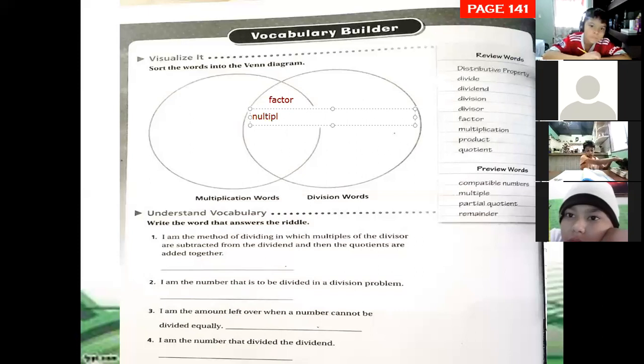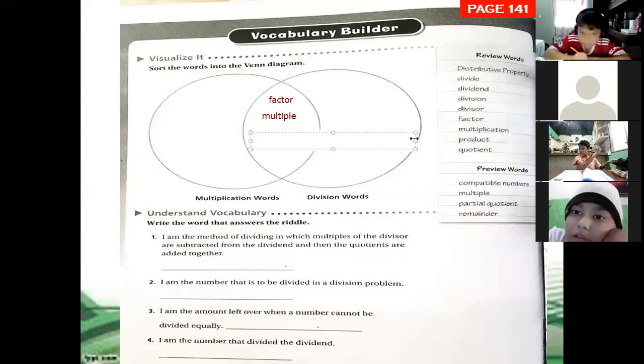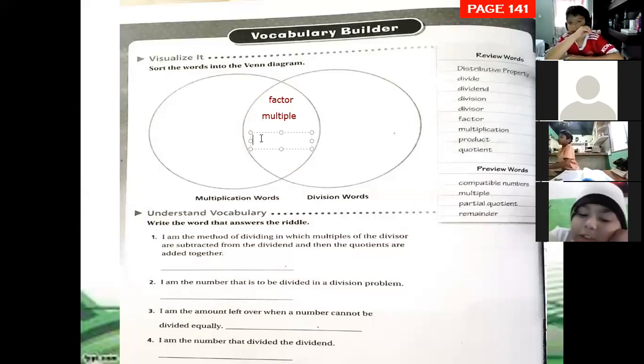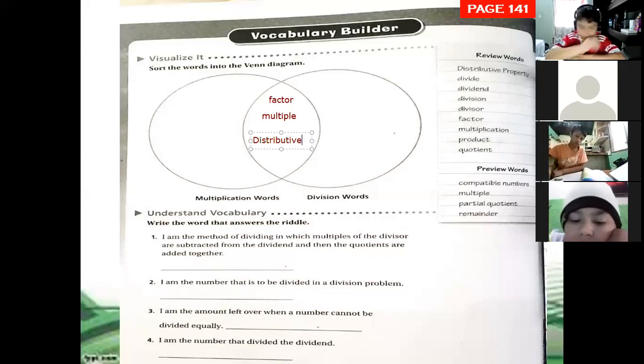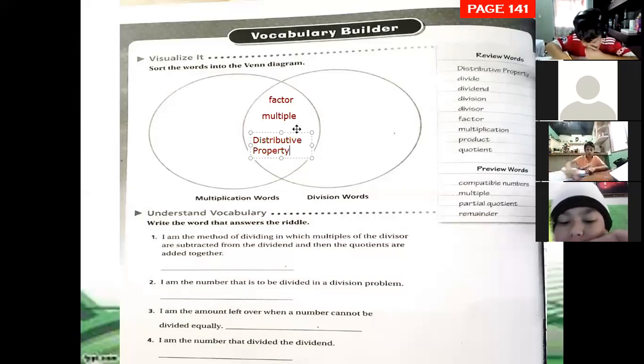The multiples, remember the multiples of 4? 4, 8, 12, 16, 20, and so on. So multiples is another word in common. And the last one is distributive property. Distributive property, okay? 3 words, 3 terms.